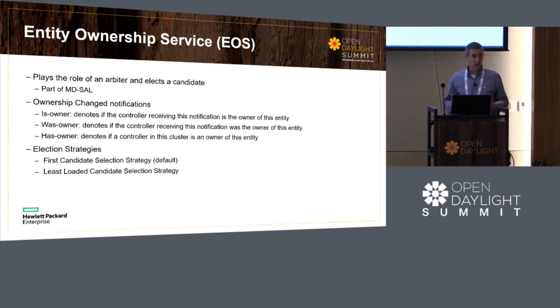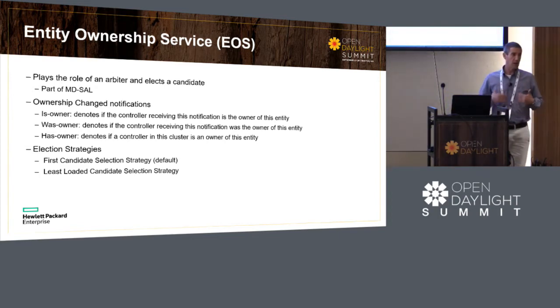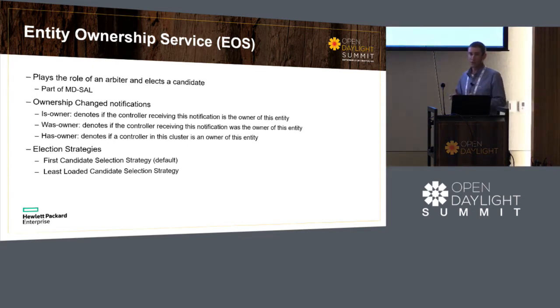But when we're talking about a very large domain, this becomes problematic, because basically what it means is that upon any controller failure, there may be a large number of entities that lose their owner. And that means that you get a burst of decision making every time that you have such a failure, and you need to elect new owners for every one of those entities.